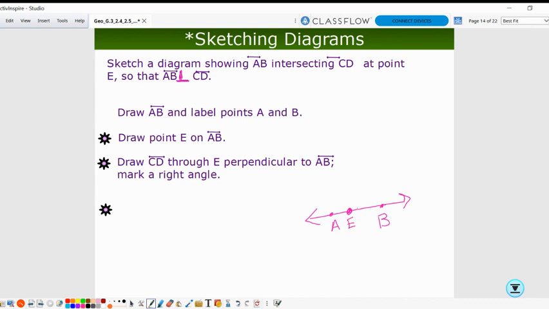And then we're going to draw a line CD through E and say that it is perpendicular to line AB. Now, I don't know if it's perpendicular with what I've drawn right now unless I add in that right angle marking. So we need to add that in to be sure.